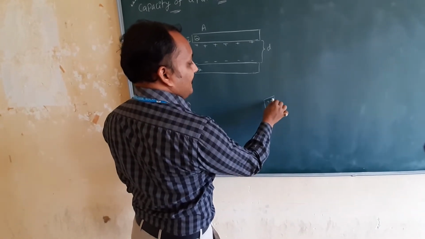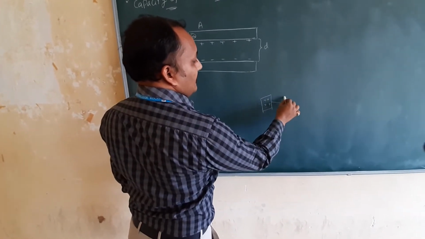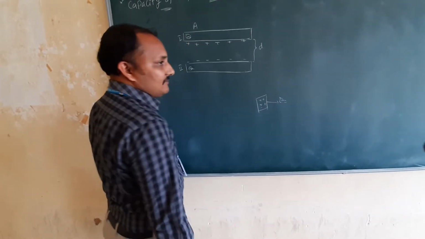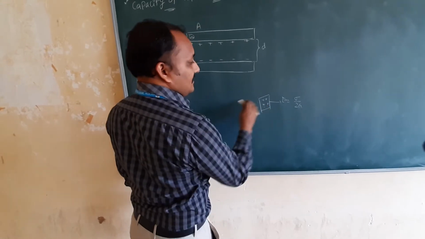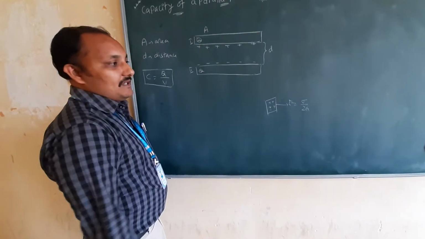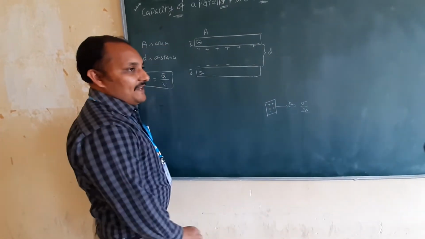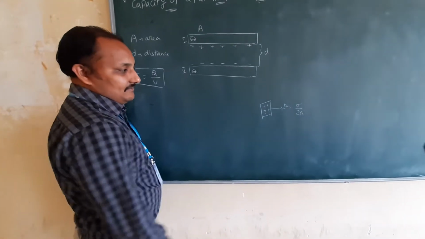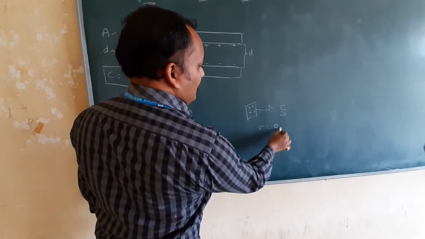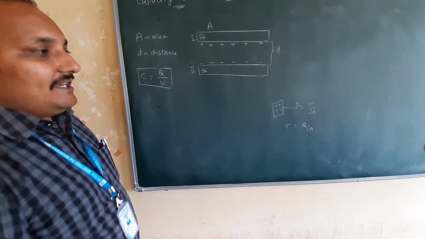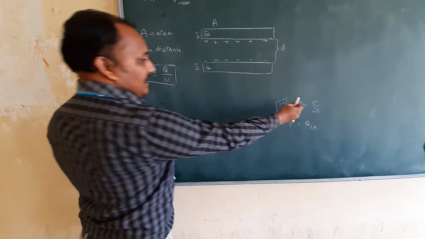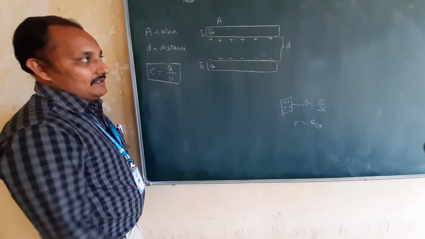How much electric field if it is charged positively? E is equal to, you derived this one using Gauss law application, E is equal to sigma by 2 epsilon naught. This side, sigma by 2 epsilon naught. What is sigma here? Surface charge density. Sigma is equal to charge per unit surface area. Sigma equal to Q by A. Same values, equations we are going to take here.